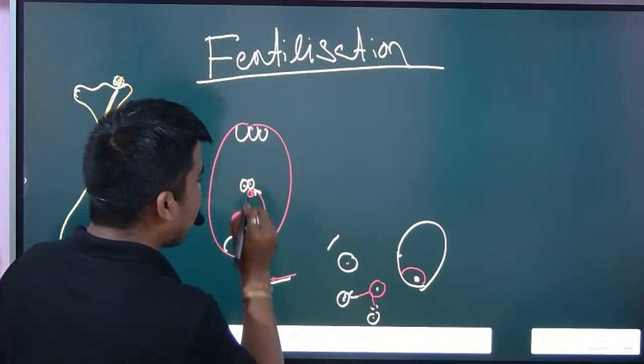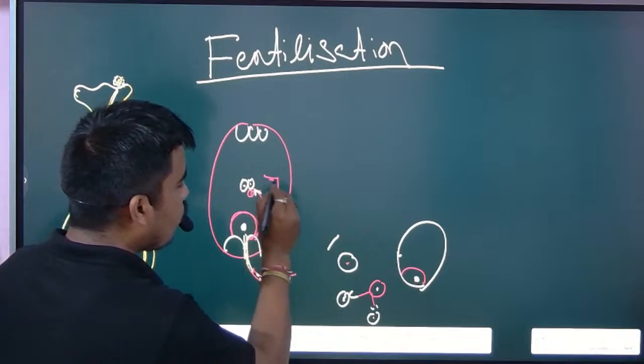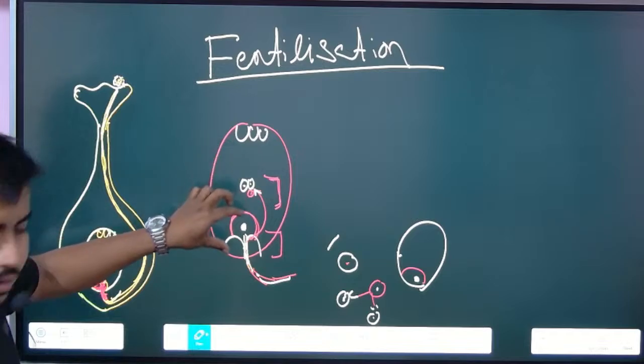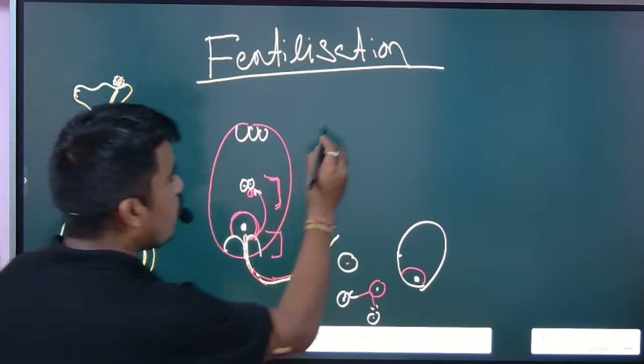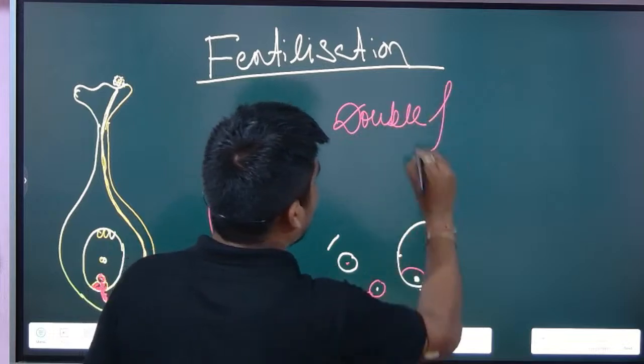Okay. So ultimately you can see there is two times fertilization. Okay, clear now? There is one time, there is another time. That is what is called double fertilization. Okay.